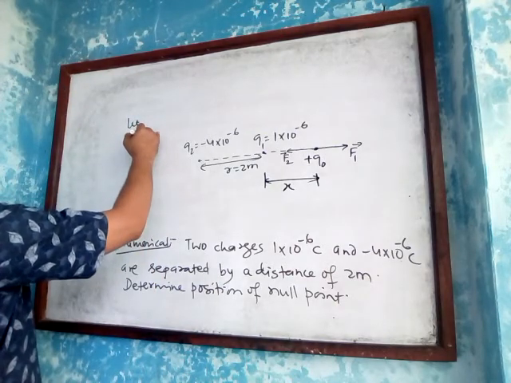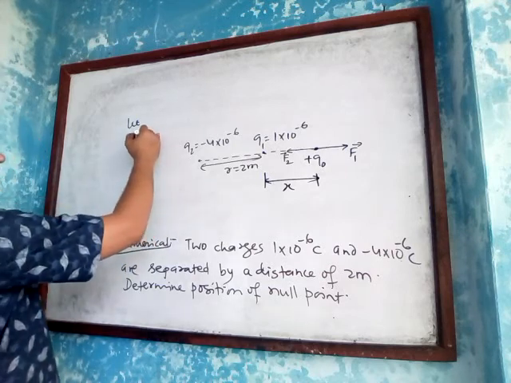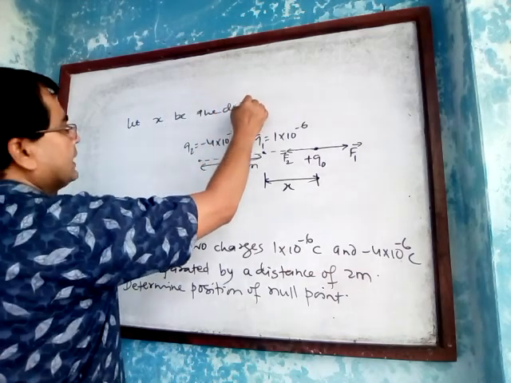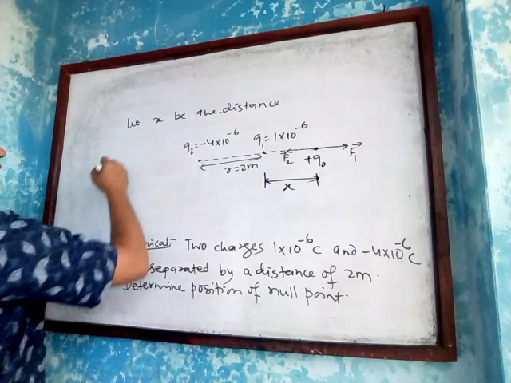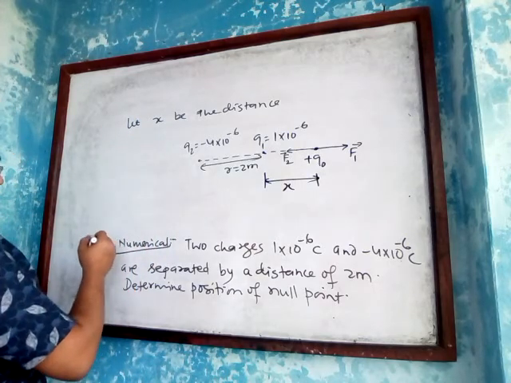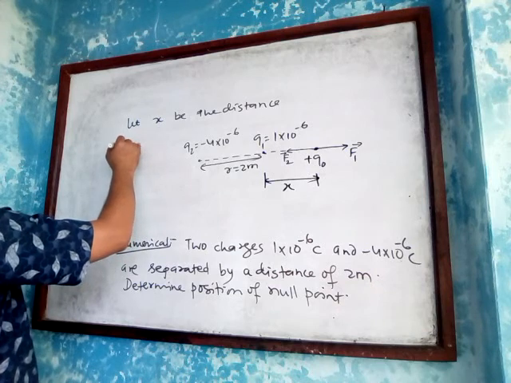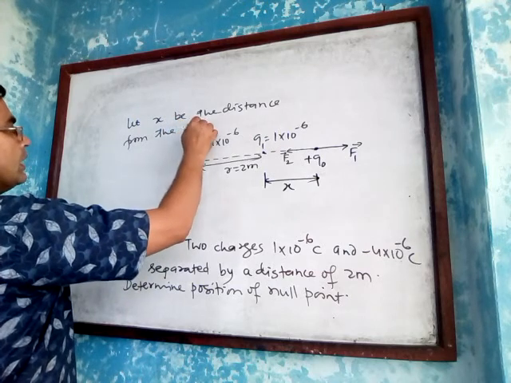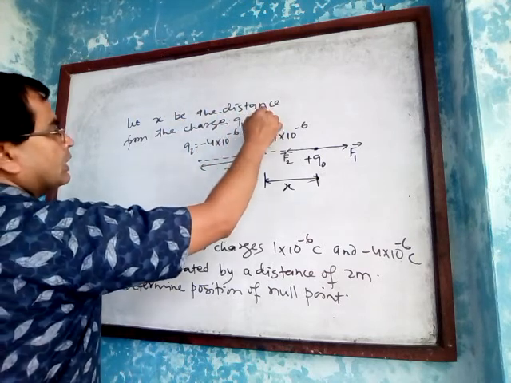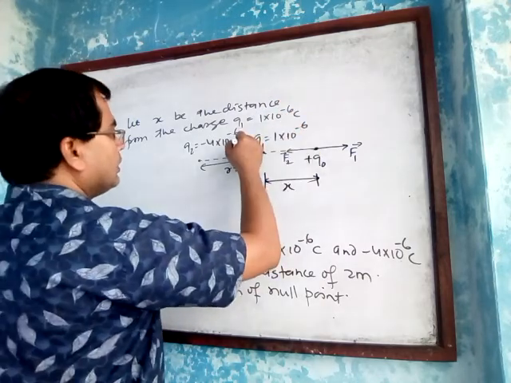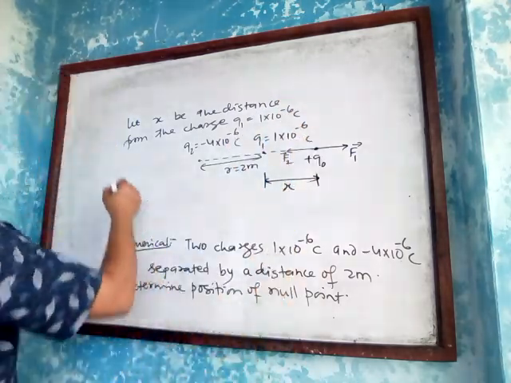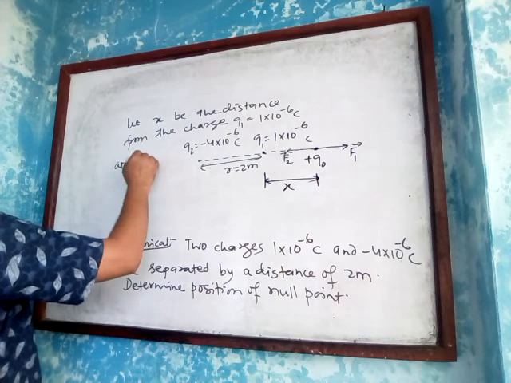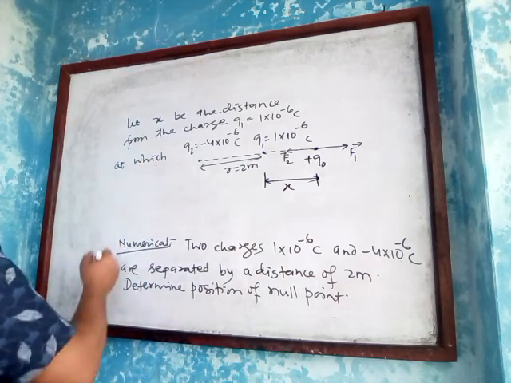Let x be the distance from the charge Q1 equal to 1 into 10 to the power minus 6 coulomb, at which the null point lies.